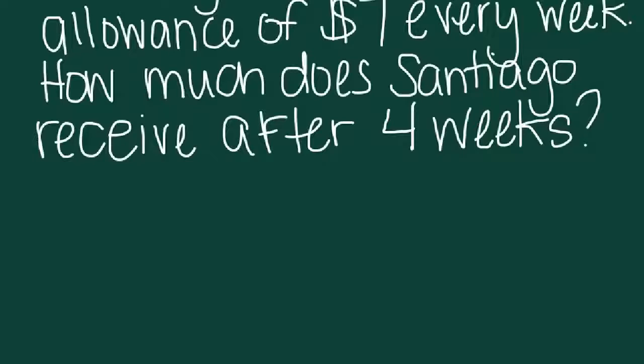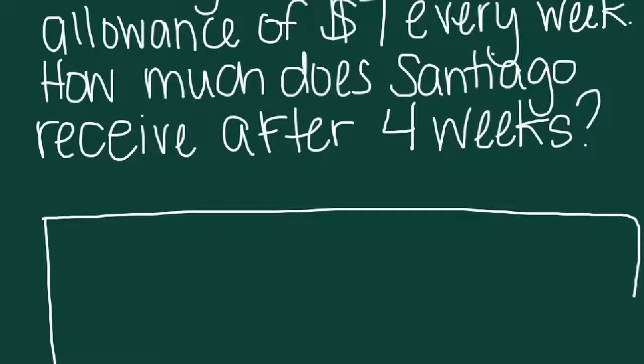Our question is, Santiago receives an allowance of $7 every week. How much does Santiago receive after 4 weeks? We're going to make another ratio table. I'm going to draw it just like this.